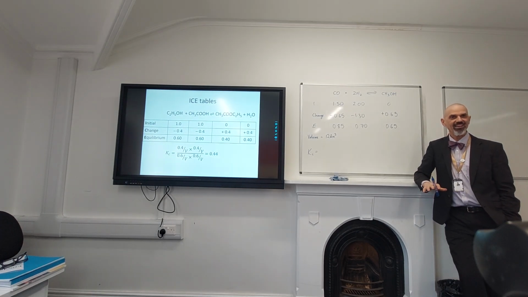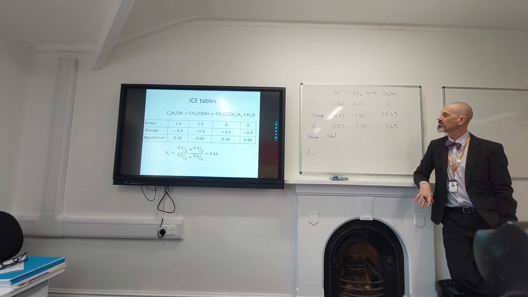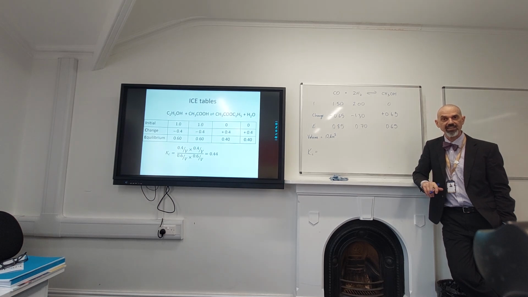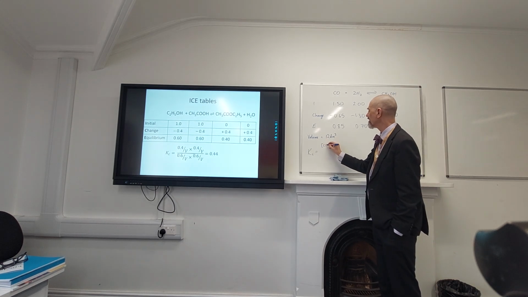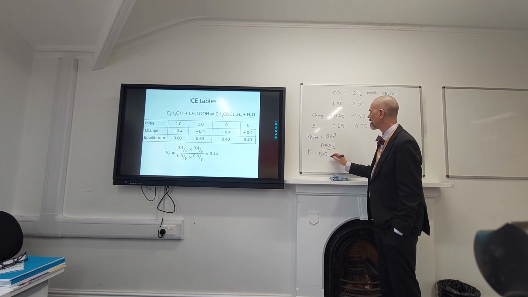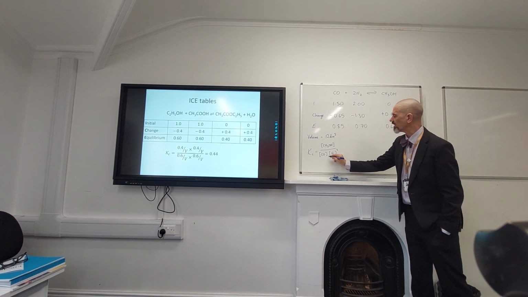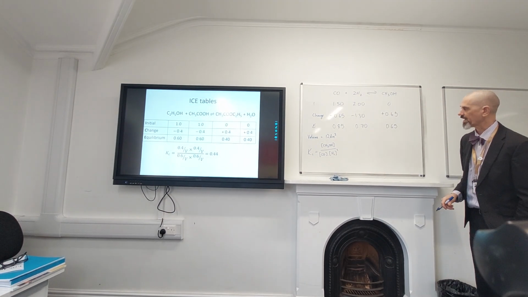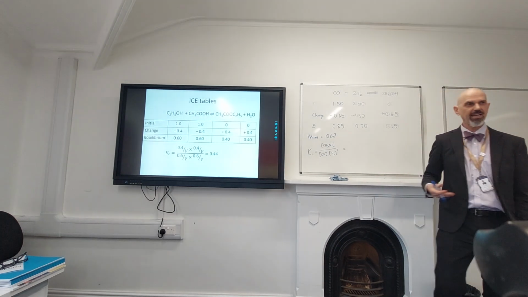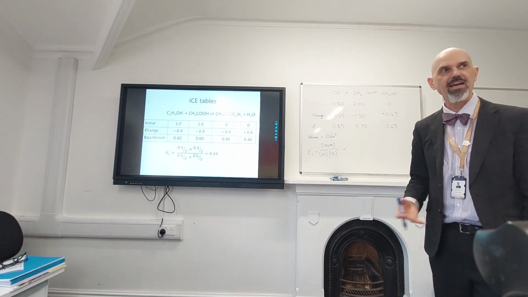So the expression for Kc, the equilibrium constant for this equilibrium, is the concentration of CH3OH over the concentration of CO multiplied by the concentration of H2 to the power 2. Great.